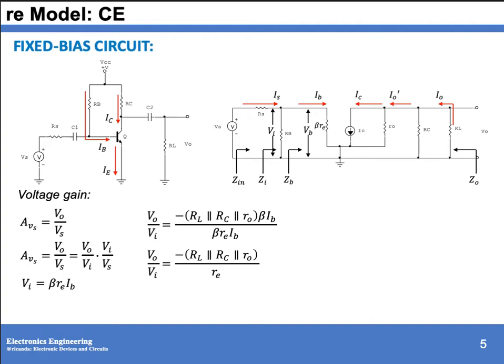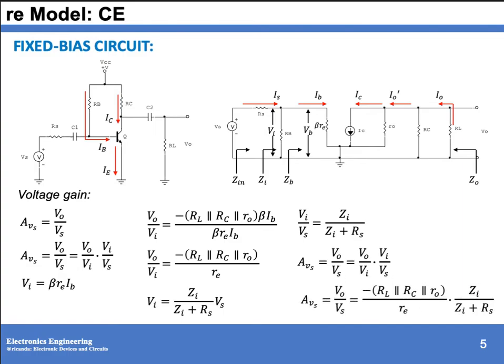And we have also to get the equation of your Vi, that is the resistance where your Vi, which is equivalent to your impedance Zi, over impedance Zi plus Rs times Vs. So the ratio Vi over Vs is equivalent to impedance Zi all over impedance Zi plus Rs, or impedance Zi plus Rs, that is your impedance Zin. So your voltage gain is now equivalent to negative RL in parallel with Rc in parallel with ro all over re times impedance Zi over impedance Zi plus Rs.